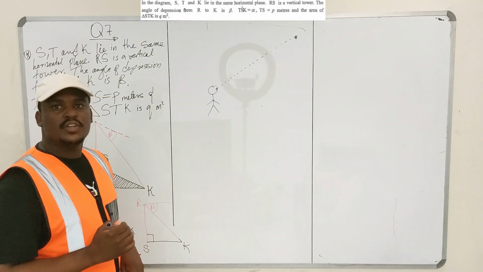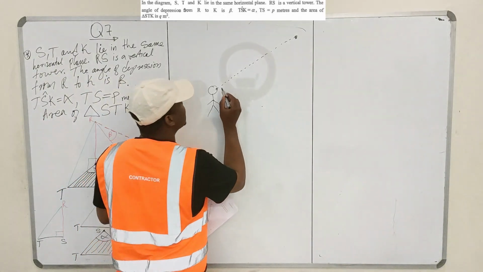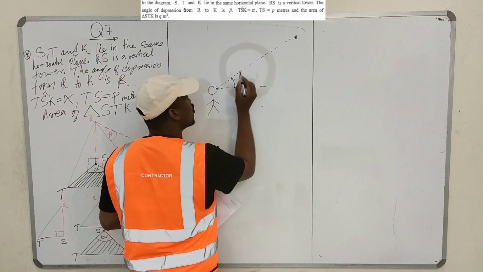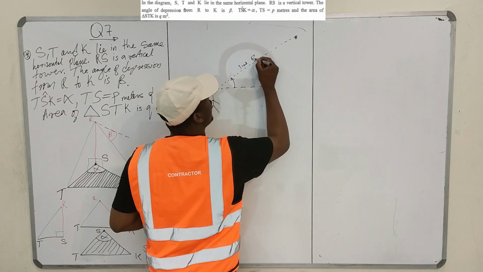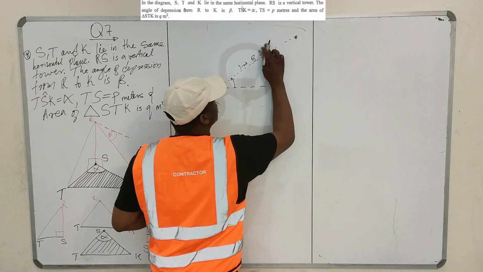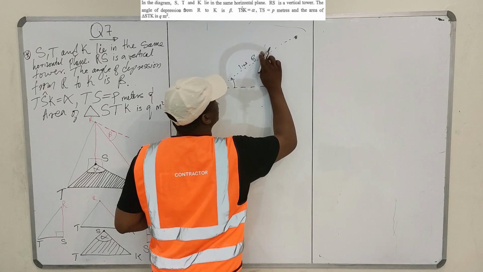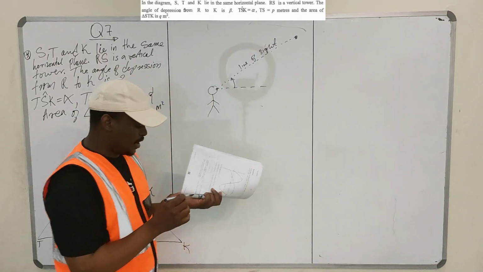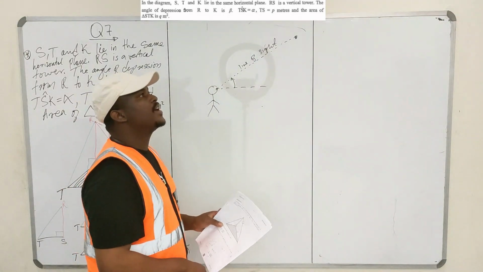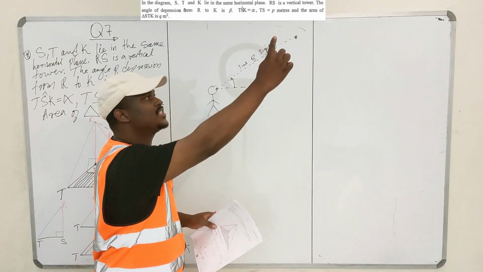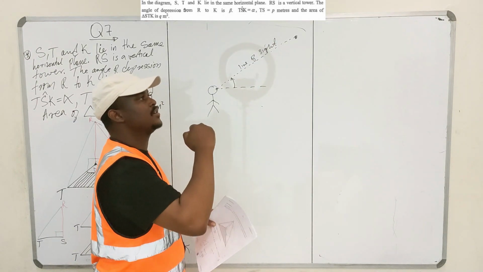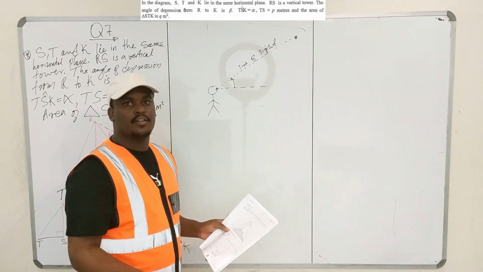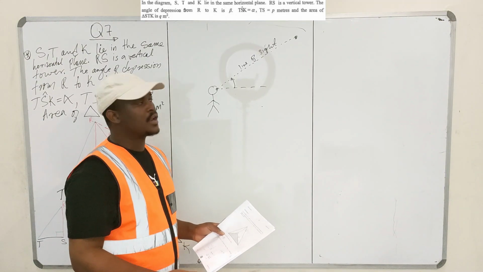You always define the angle of elevation as the angle measured from the horizontal to your line of sight. That's how you define your angle of elevation. If I'm looking up like this, it's the angle between my sight and the horizontal. That's what an angle of elevation is, right?